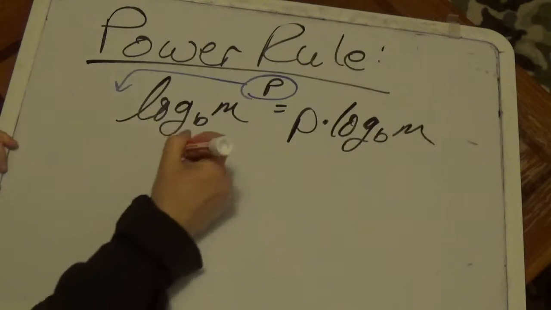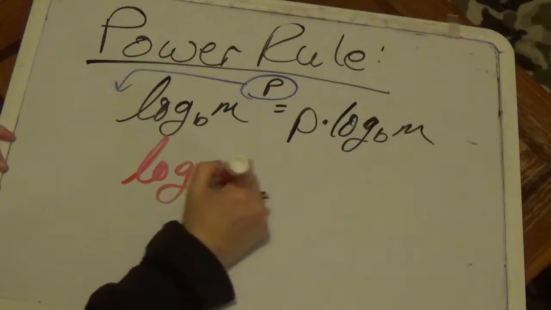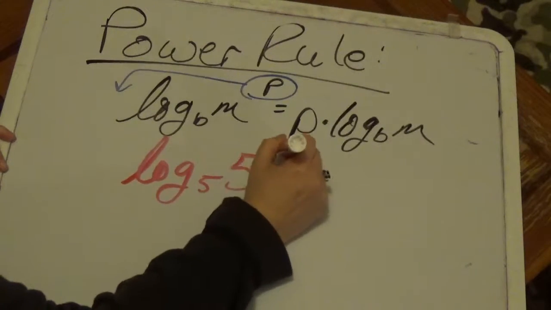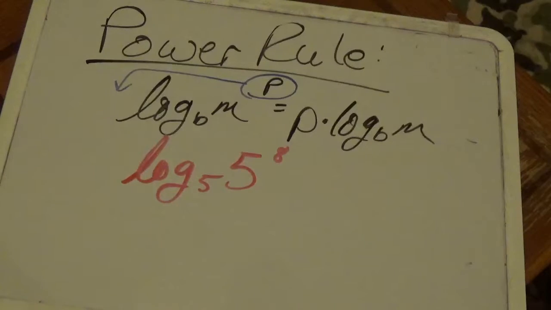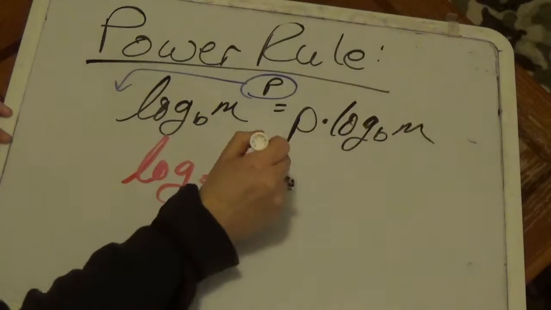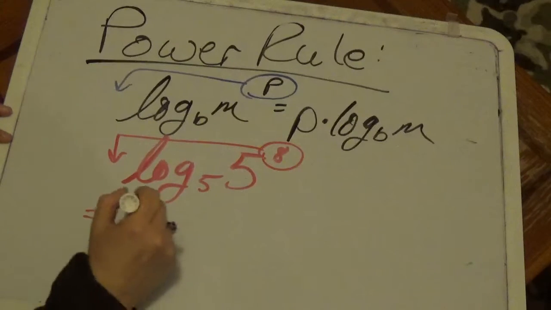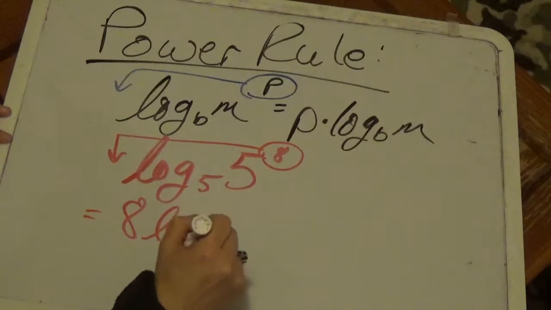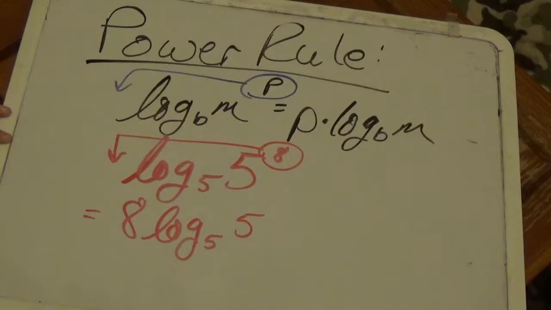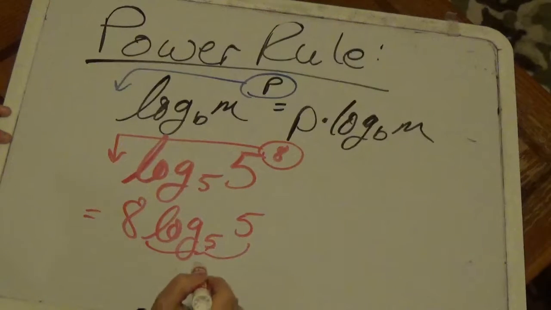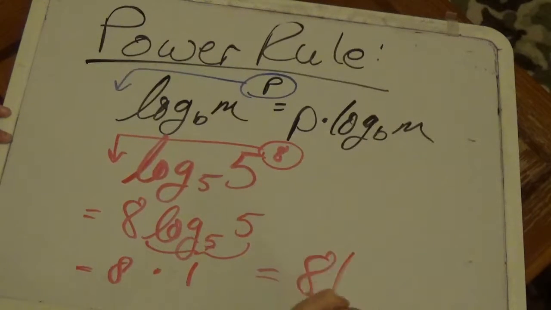For example, log base 5 of 5 to the 8th. You would take the 8, bring it to the front. That gives you 8 log base 5 of 5. And anytime you have the same bases, that becomes 1. So we just get 8.